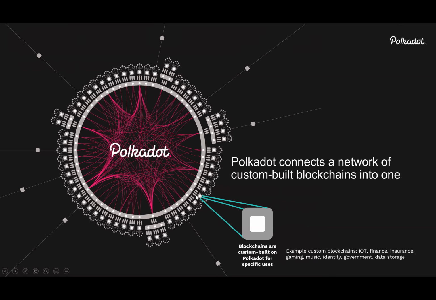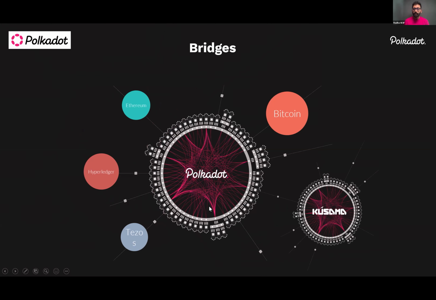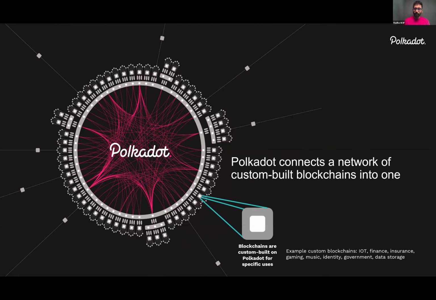DOT as a utility token is only used to acquire the parachain slot. So that's one distinction that you have to understand. Now, what's the benefit of becoming a parachain on Polkadot, right? We're going to explain that shortly in the next slide.